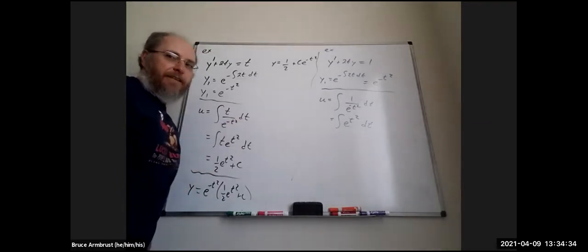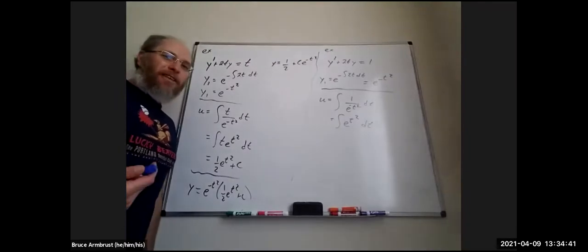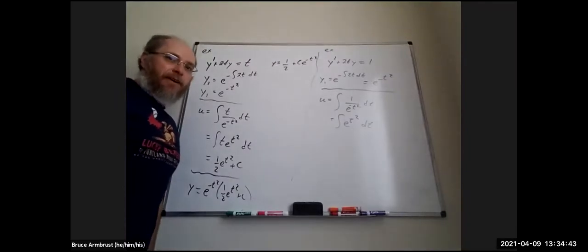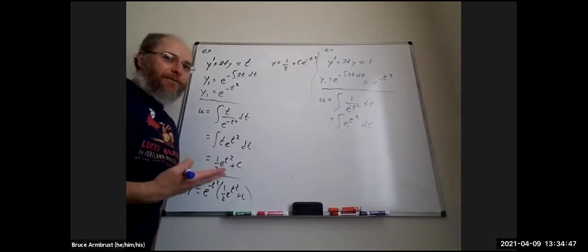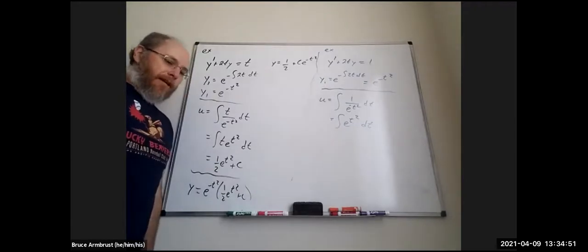What's the integral of e to the t squared? Don't know, can't do it. It's not a nice function, right? This is the classic. This is the one we always show you, e to the x squared. This one, there is no nice antiderivative.